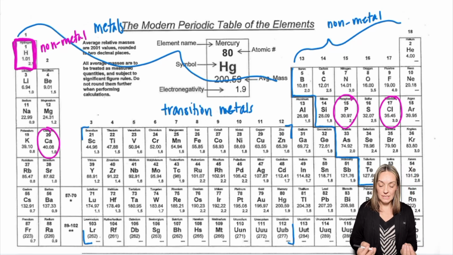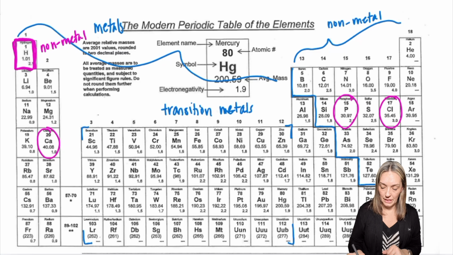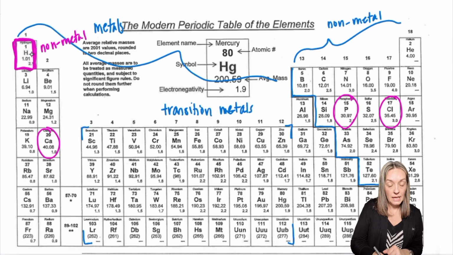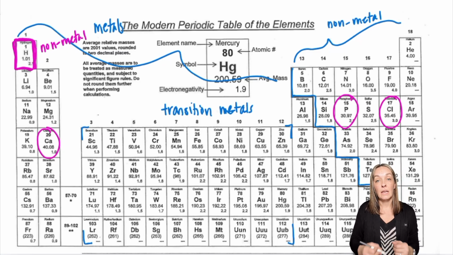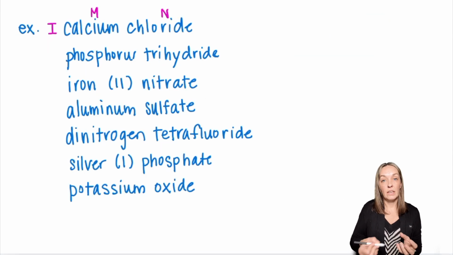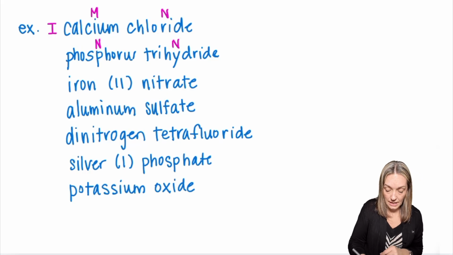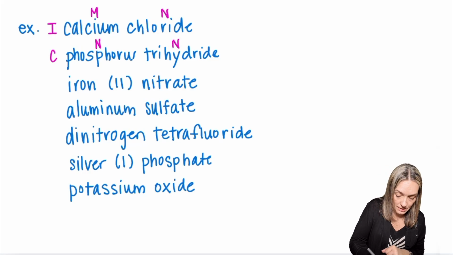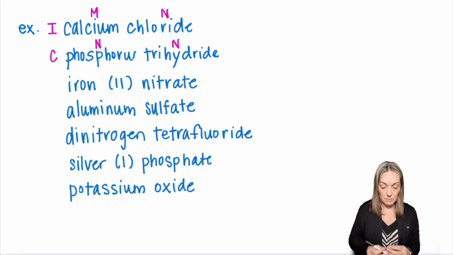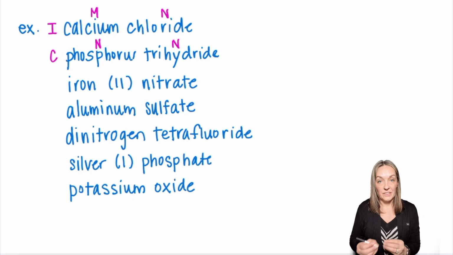So this is an important exception to our rule, which is why we're including it. So P is a nonmetal, and H is a nonmetal as well. If I have two nonmetals, I know this is going to be a covalent compound. In order to indicate that, I'm going to put an N above to indicate that they're nonmetals, and a C here because I know it's going to be covalent. Let's look at another example.